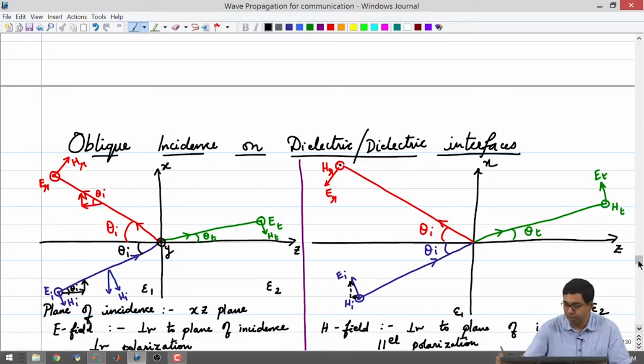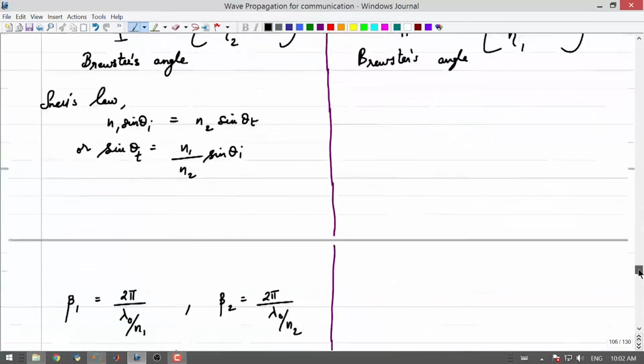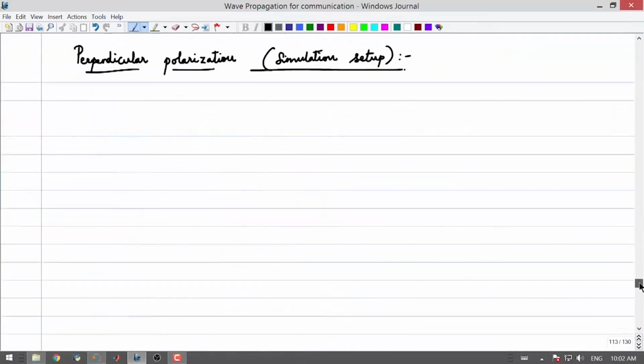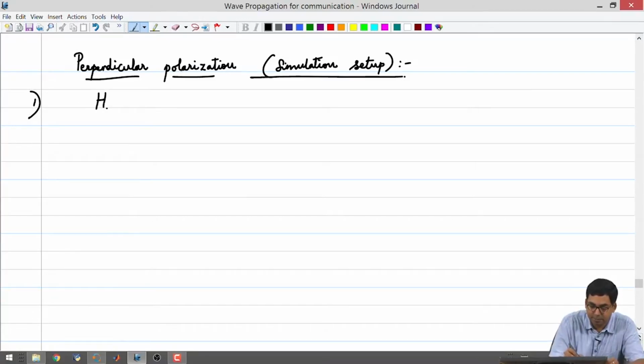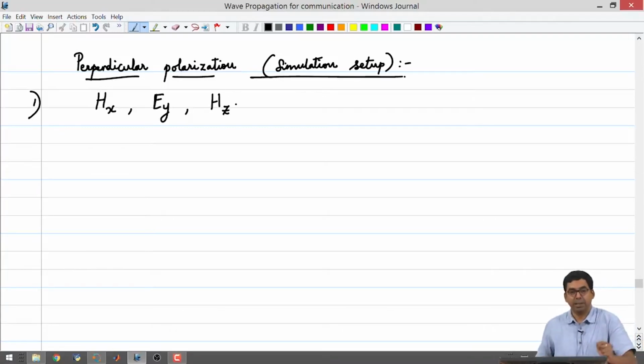Now we are going to take the same thing and try to arrive at some equations that we can use in Octave to start modeling these concepts. Before beginning, let's make some small notes. I have Hx, Ey, Hz.